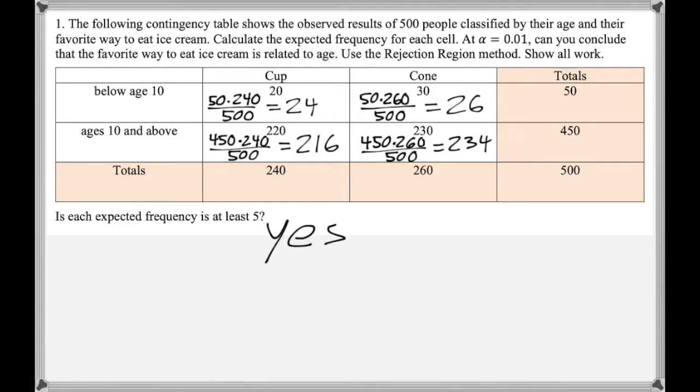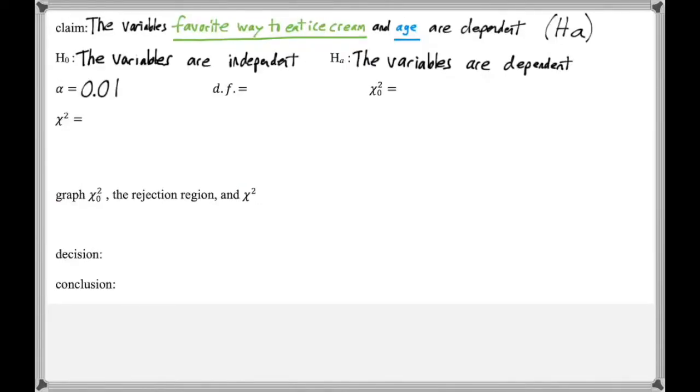And we do not include the totals or the labels. So there are 2 rows and 2 columns. So 2 minus 1 times 2 minus 1, which is 1 times 1, which is 1. The critical value, if we look at the table, is 6.635.